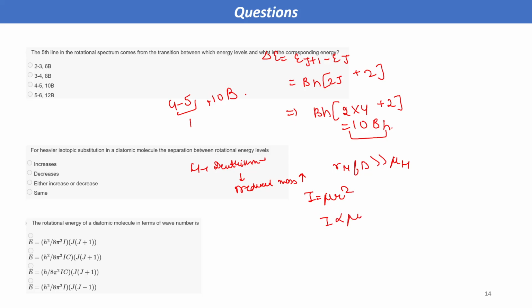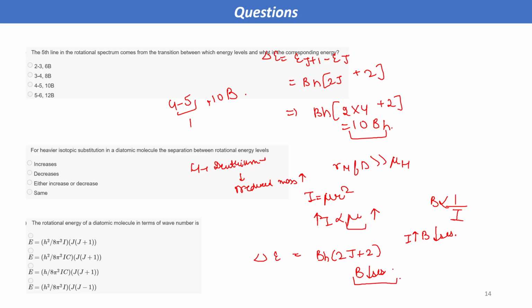So if the reduced mass increases, then the moment of inertia will also increase, and we know that B is inversely proportional to the moment of inertia. So if I increases, then B will decrease. And the separation is given by 2B(J plus 1), so it is directly proportional to B. Therefore the separation between the rotational energy levels will decrease on isotopic substitution.